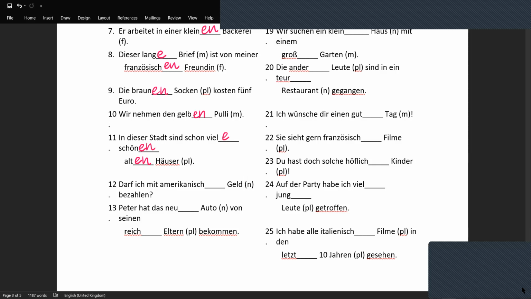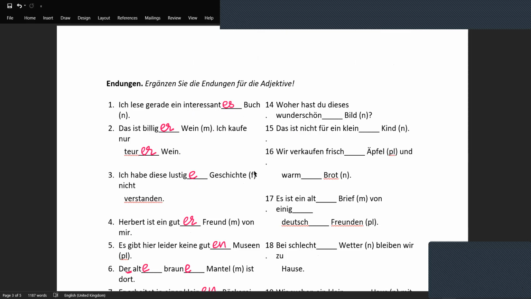Darf mit amerikanischem Geld bezahlt werden? Peter hat das neue Auto von seinen reichen Eltern bekommen. Okay. Reichen Eltern.